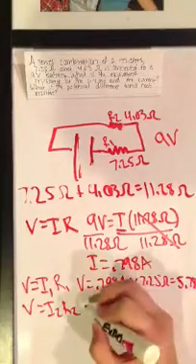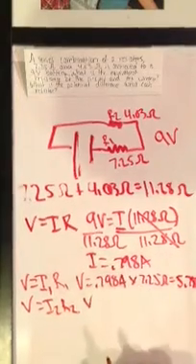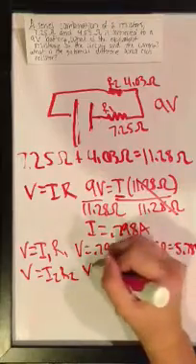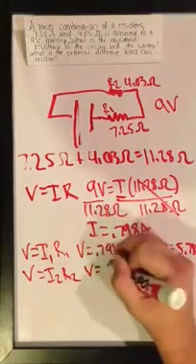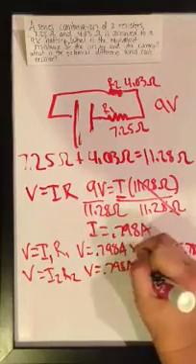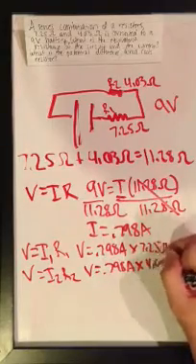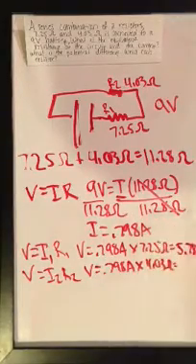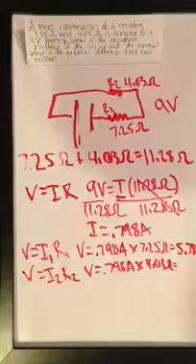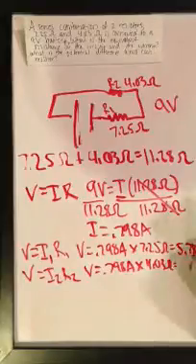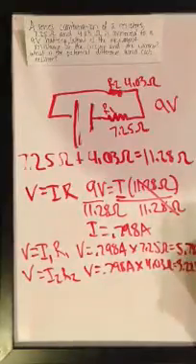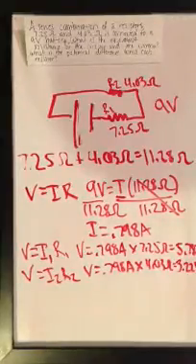When we do voltage equals 0.798 times 4.03 ohms, we get 3.22 volts. And there you have it.